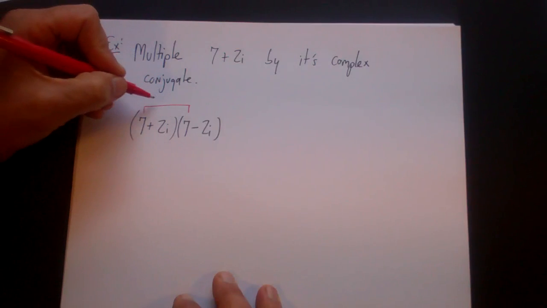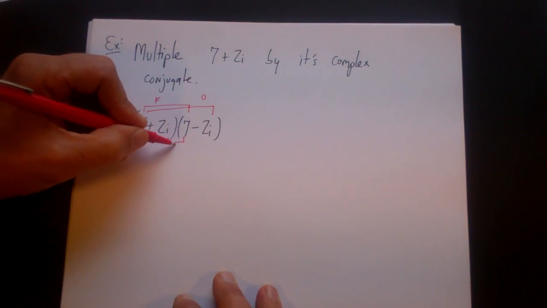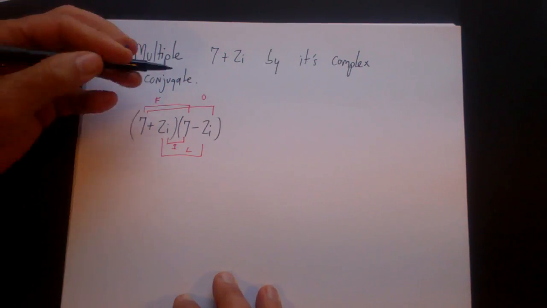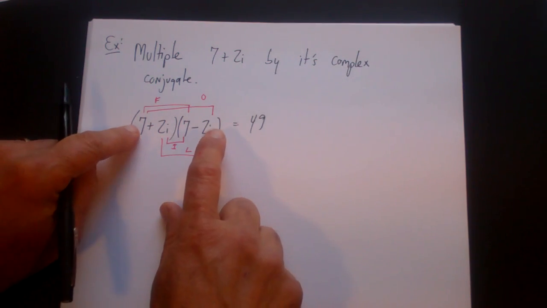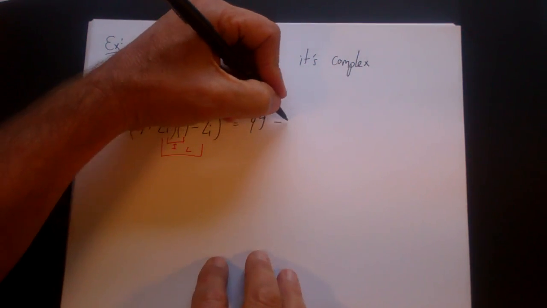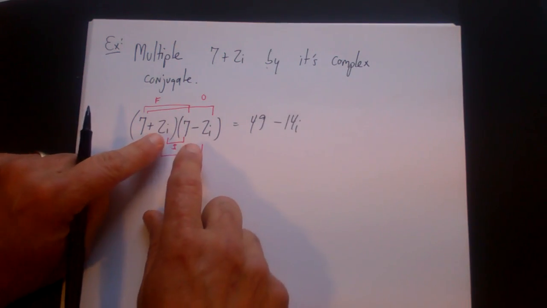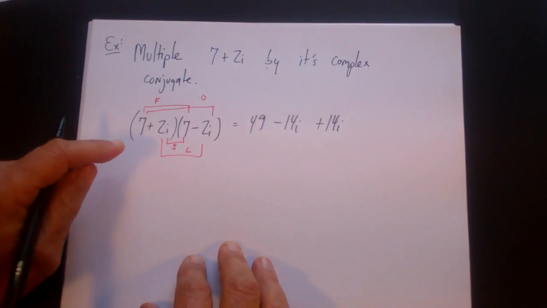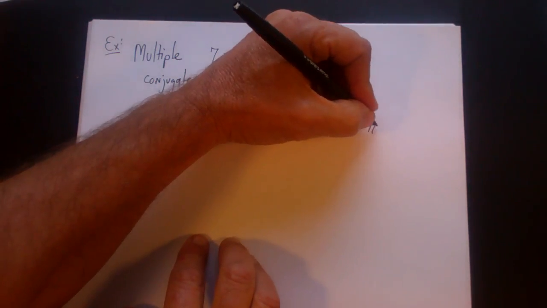So that's first, outside, inside, and last. First is 7 times 7 is 49. Outside is 7 times a negative 2i would be a minus 14i. The inside would be 2i times 7, that's a plus 14i. And then the last is 2i times a negative 2i, which would be a negative 4i squared.